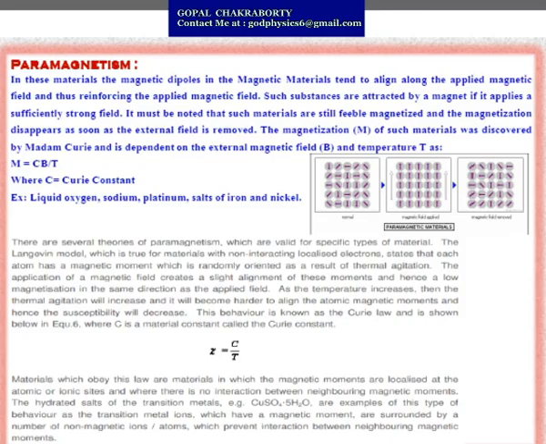There are several theories of paramagnetism which are valid for specific types of materials, such as Langevin's model, which is true for materials with non-interacting localized electrons, such that each atom has a magnetic moment which is randomly oriented as a result of thermal agitation.